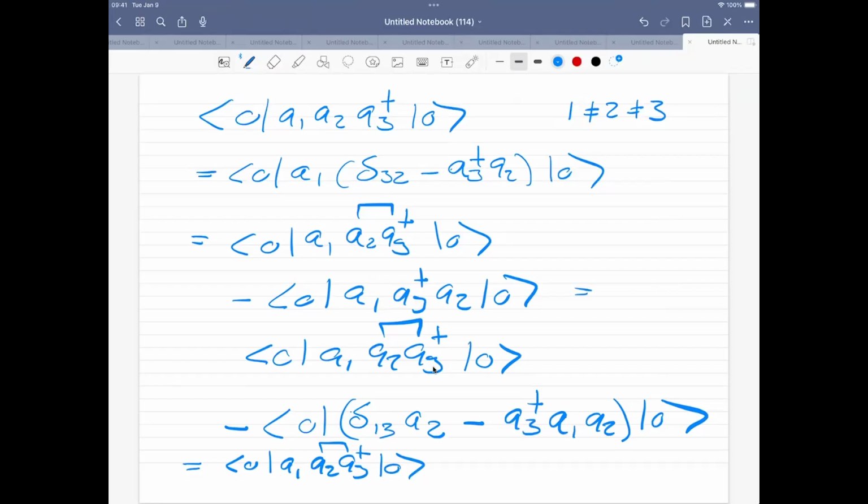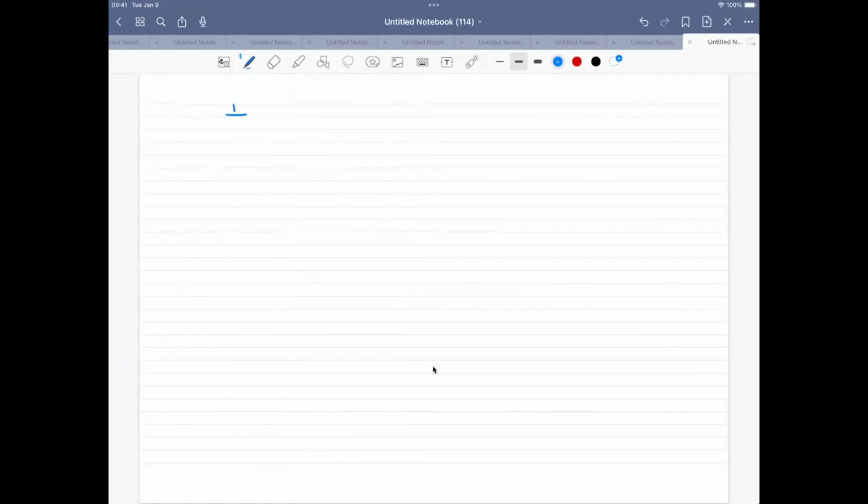And then what I have next is a minus, and then I have <0| A1 A3† contraction, and then I have my A2 of |0>. And finally, I have the next one, which is plus <0|A3 A1 and A2 acting on |0>.